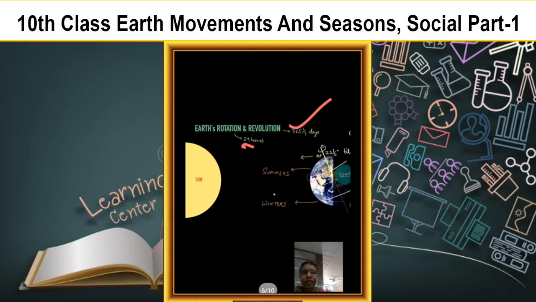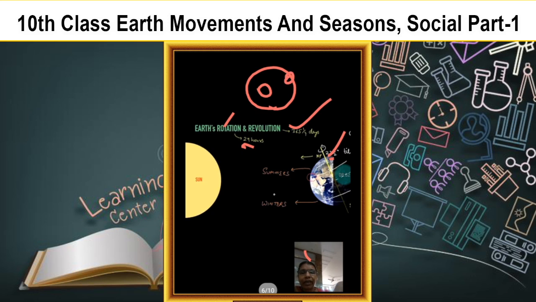What is rotation? The Earth moves on itself, on its axis, and that is called rotation. As well, the Earth moves around the Sun.